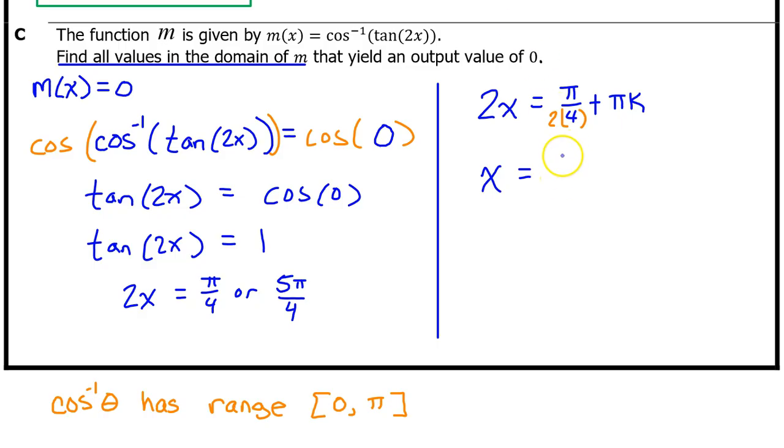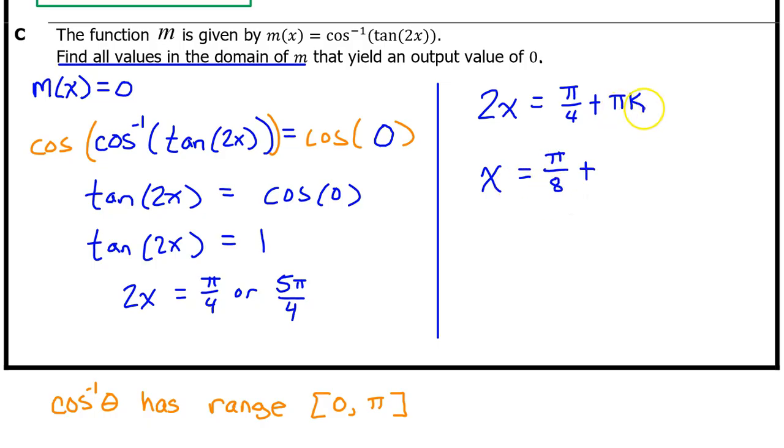It's going to end up as pi over 8. If you don't like that little shortcut, pi over 4 divided by 2 is the same thing as pi over 4 times 1/2. In this form, it's a little bit easier to see why the answer is pi over 8.